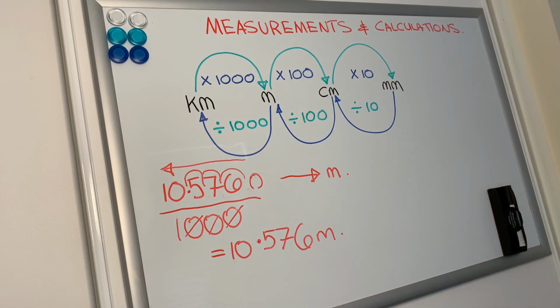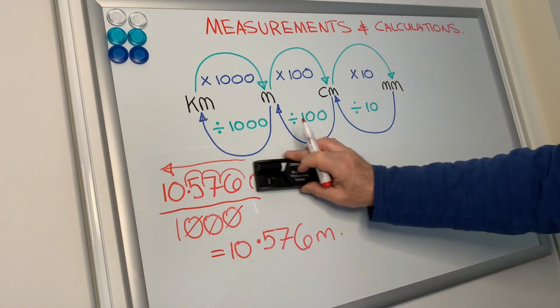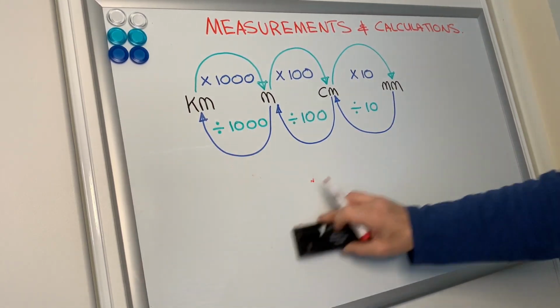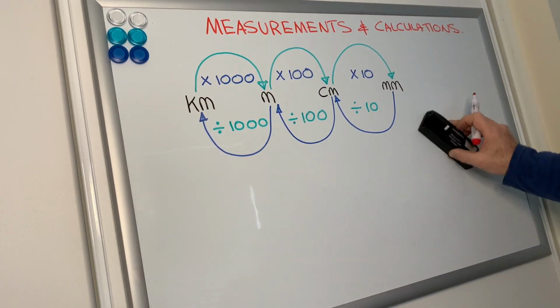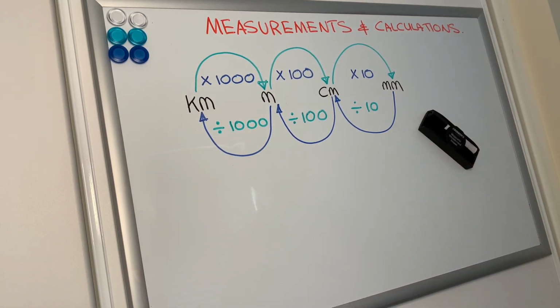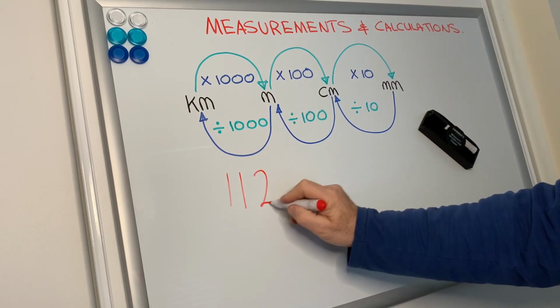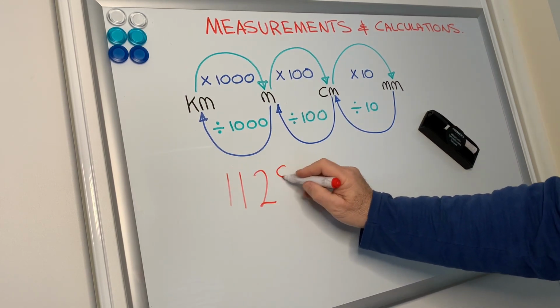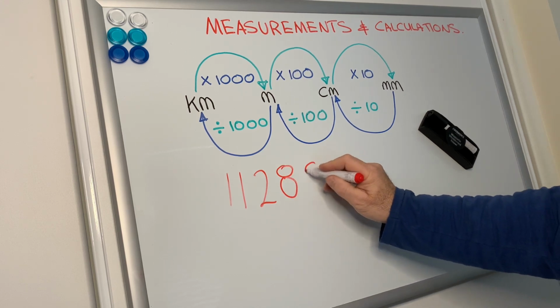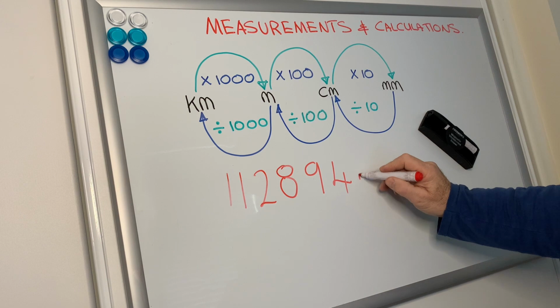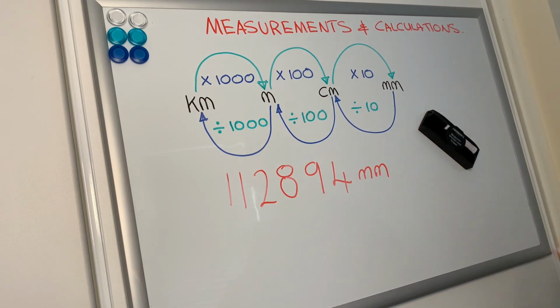So let's go to another example. Let's say we have a look at 112,894 millimetres.